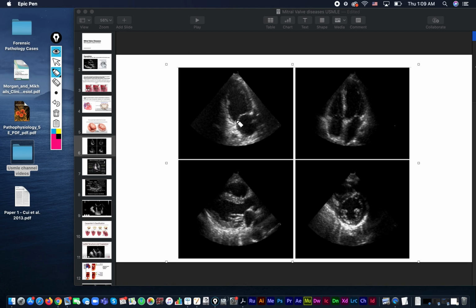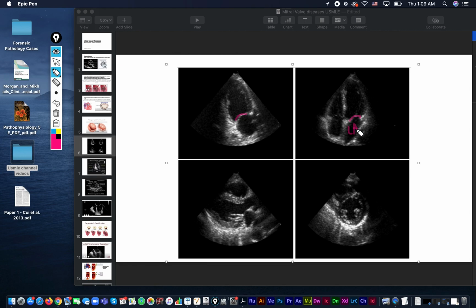Here's the mitral valve here, closed in relaxation phase with good coaptation. Here's the mitral valve here, and the left atrium is here.